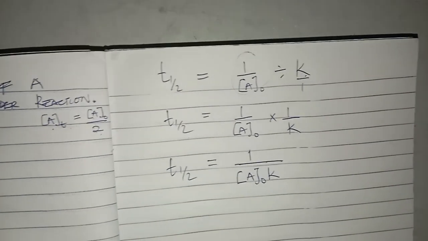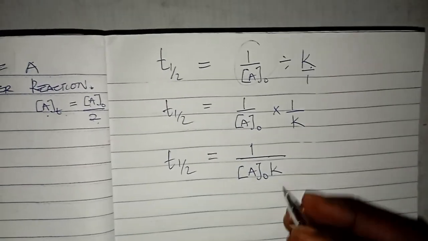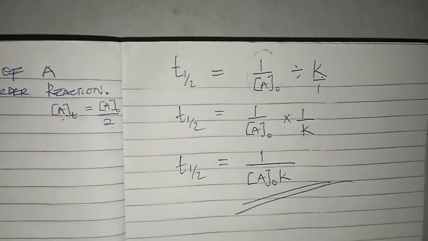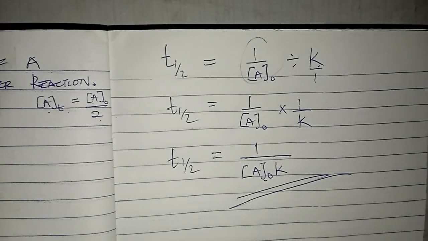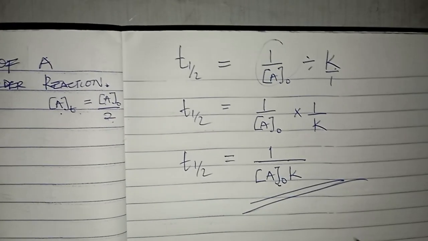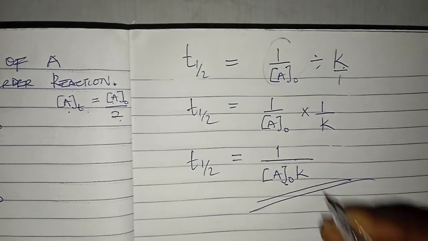So the half-life of a second order reaction is simply 1 all over initial concentration times K. So that is it. 1 divided by initial concentration times K.